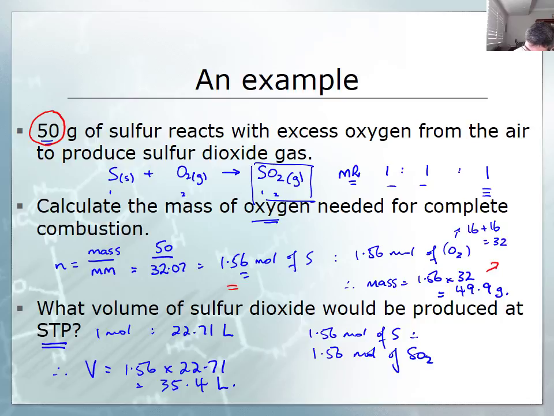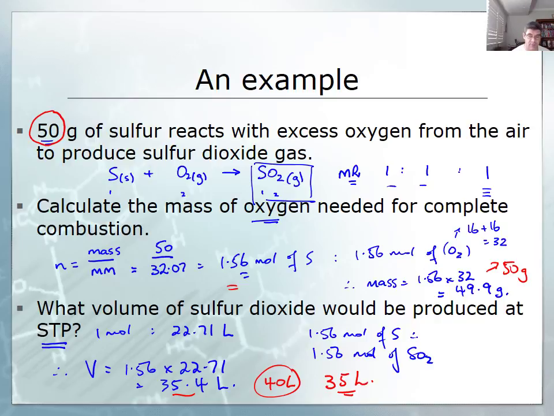That would mean this figure would come back to 50 grams, rounded to one significant figure, and this one would go to 40 litres, which seems rather silly. So I would accept it in this case if you just left it at those two figures, 35 litres, and I'll give you a mark for that.